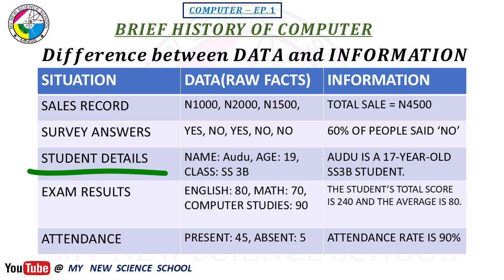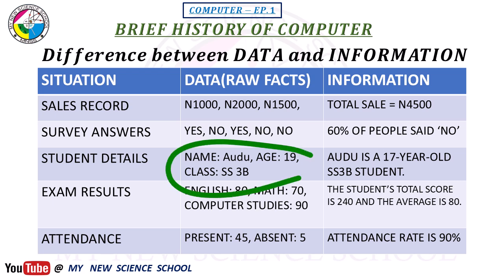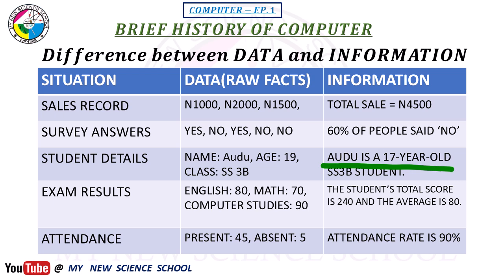Then student details. Here is another example: name Audu, age 19, class SS3B. These are pieces of data. Arranging this, you will know that Audu is 17 years old. Sorry, I made a mistake. Instead of writing 19, I wrote 17.